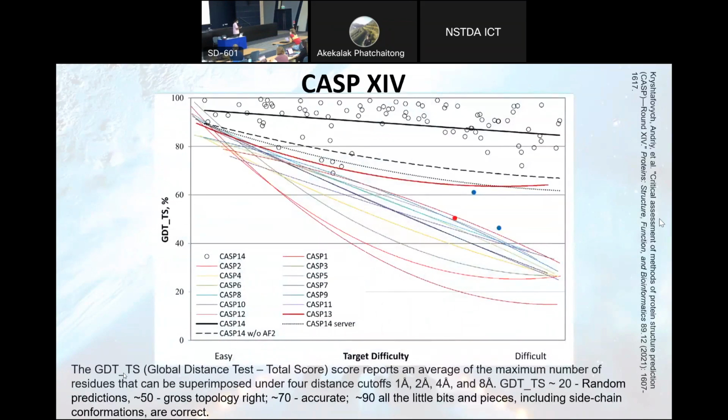So how did we do in terms of protein structure prediction, right? On the left-hand side, you have a GDT score. So what does the GDT score do? Let's say you know the correct answer, the solved protein structure. Then you have your model.